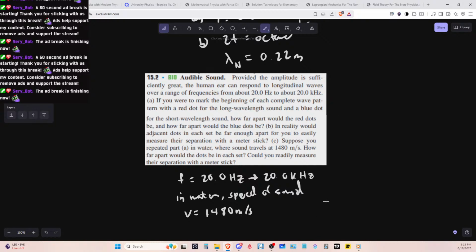Okay. Alright, so I'm guessing one of the blue, let's see, mark the beginning. So I'm guessing longer wavelengths are red and shorter wavelengths are blue, because I'm thinking of the Doppler effect.